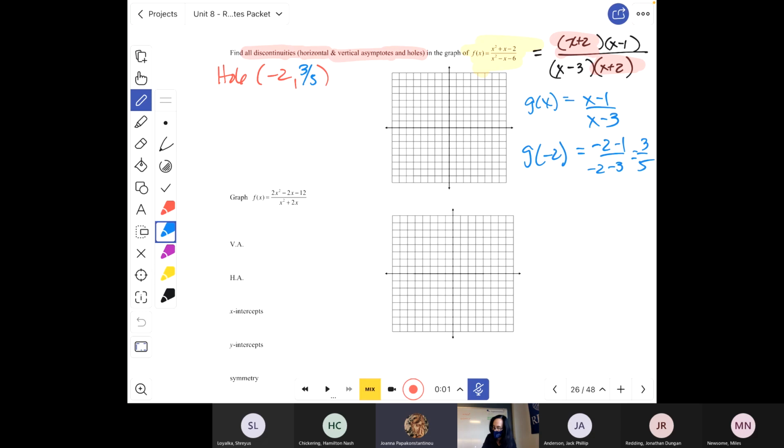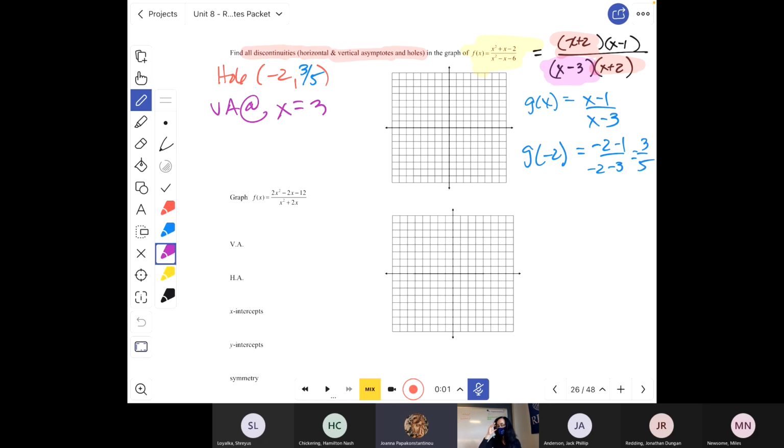Okay. Now, do I have a vertical asymptote? If so, where is it? My vertical asymptote is at x equal 3. You see that we can't say it is at -2. There is a discontinuity at -2, but there's a hole there when x equals -2.